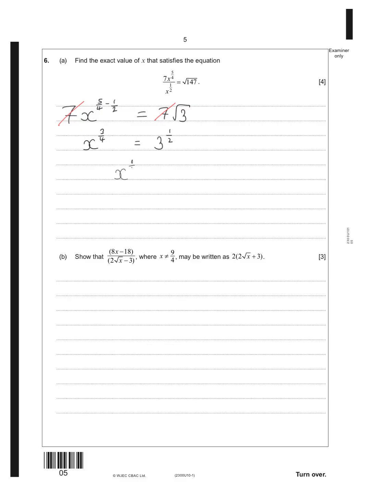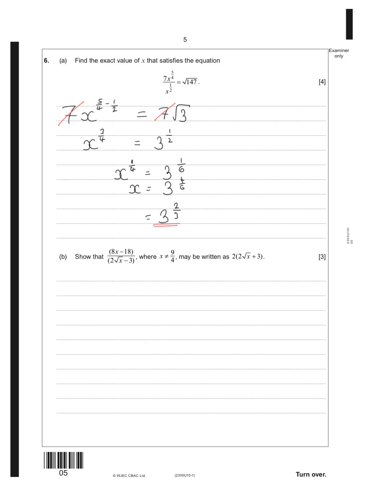So if I do it one step at a time, if I cube both sides, no, that's wrong. If I cube root both sides, sorry. And then if I raise both sides to the power 4, I'm going to have 3 to the power 4 over 6, which we know is 3 to the power 2/3. And there's my answer.